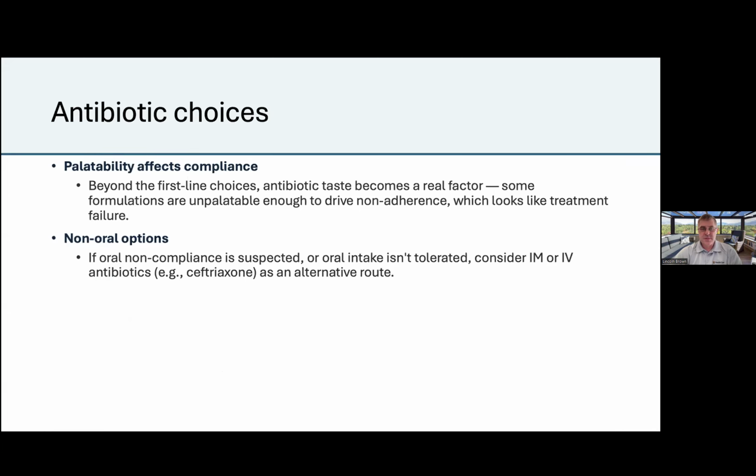Of course, amoxicillin tastes great. Augmentin, not bad. Some of the rest of them get kind of nasty to downright putrid. If the kid's not going to drink it, maybe we need to consider other options, IV or IM. The authors spent a lot more time on this. I think it's pretty self-evident.